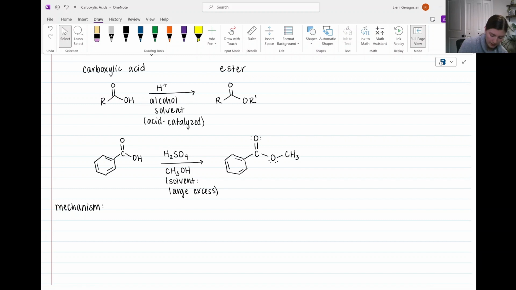Instead of drawing out the phenyl ring, we'll abbreviate that with Ph, capital P, lowercase h, that represents phenyl. So we have our starting material, carboxylic acid. Now, this occurs in acidic conditions. And so the first step is to activate the carbonyl.